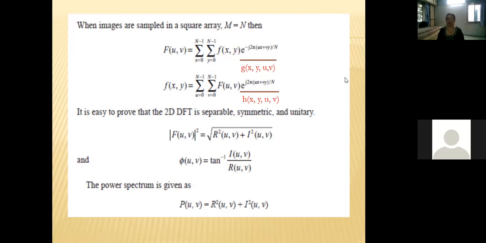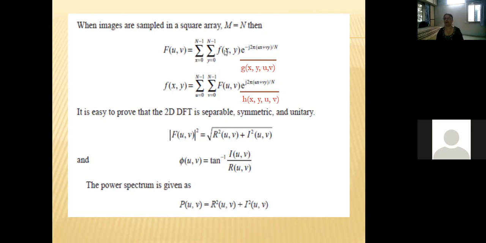Okay. So there is one question: what is the meaning of x, y, u, v? I'm going a bit fast because we studied this in the previous lecture. Actually, xy in the image plane represents your x coordinate and y coordinate, right? So on the x axis and y axis, according to the x coordinate and y coordinate value, we can locate a particular pixel.